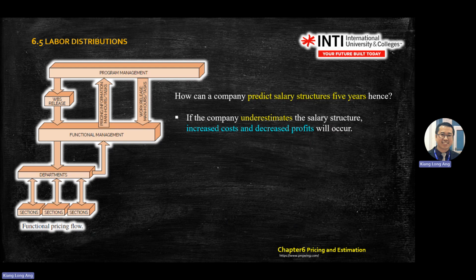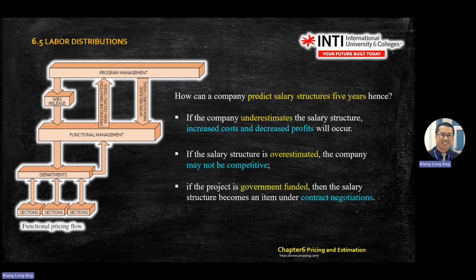Okay. On the management side, how does a company predict salary structure for 5 years? So there are 3 scenarios. The first scenario: if you underestimate, then you're going to decrease your profit. Why? Because there is an increased cost in future if you underestimate.